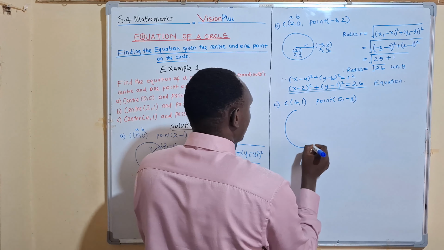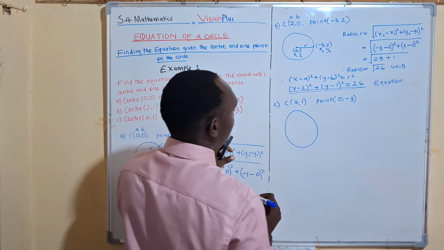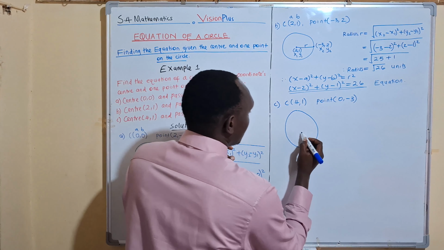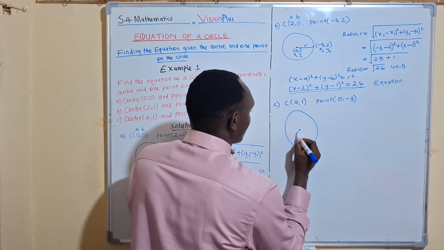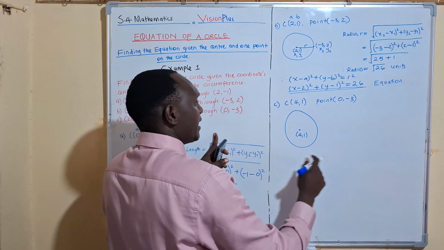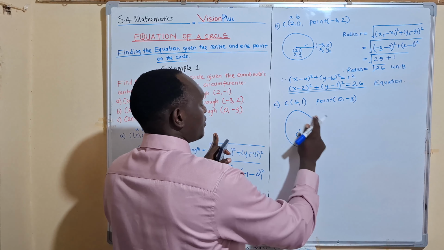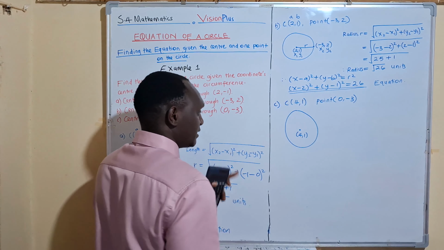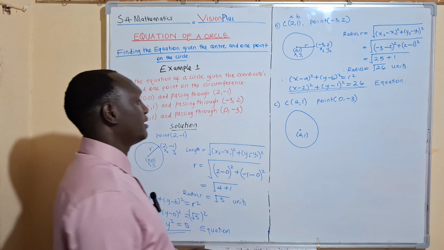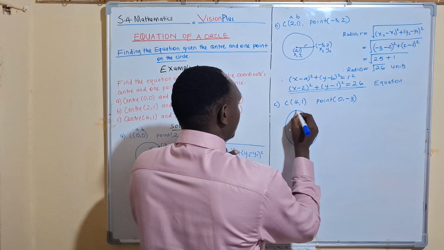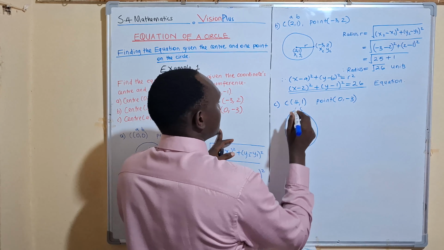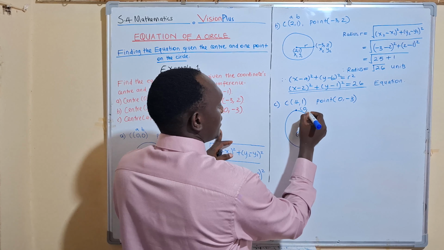Even if it is not a perfect circle, you know it is a circle. At the center I have the coordinates 4 and 1, and anywhere on the circumference I put this point, which has coordinates 0 and negative 3.